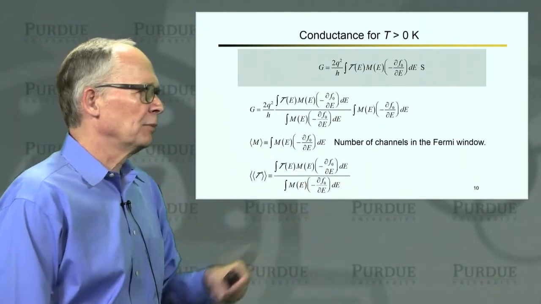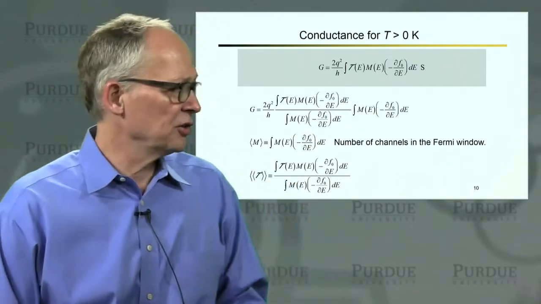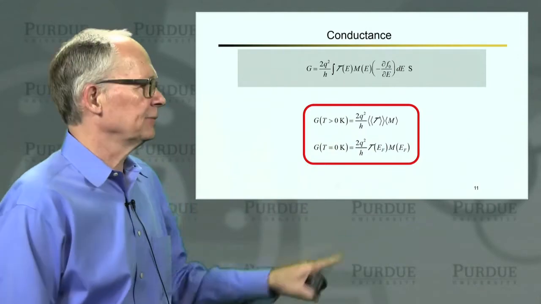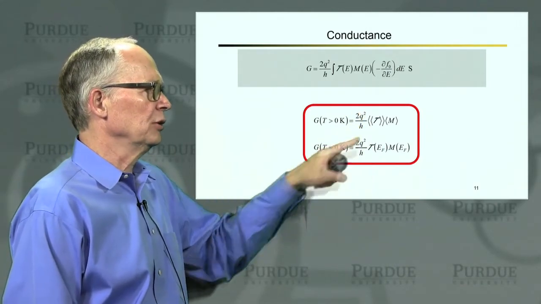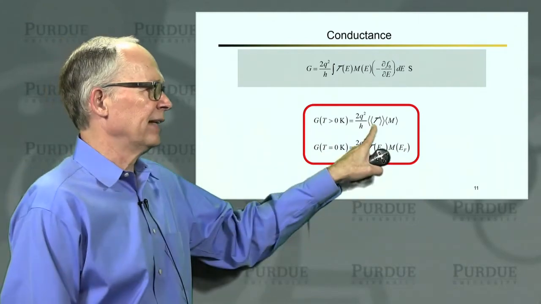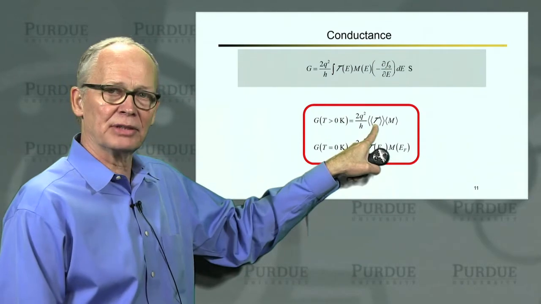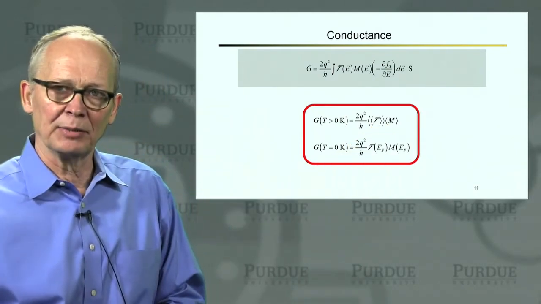If I define an appropriately average transmission across this range of energies, then you can see that I can write the conductance in a general way. There's this quantum of conductance, 2q squared over h, times an average transmission, averaged over the energies of interest that are within the Fermi window, times the number of channels in the Fermi window.